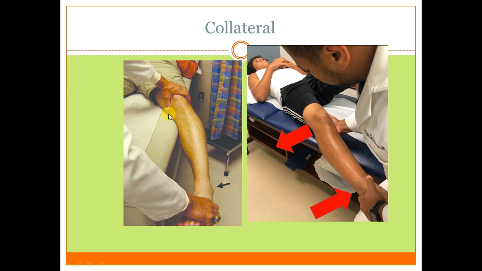The reverse in the valgus stress test: in 30 degrees, you stress the medial collateral. If you do it in full extension, you stress the medial collateral and the posterior capsule.